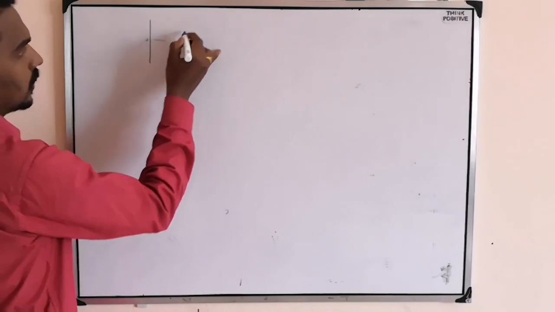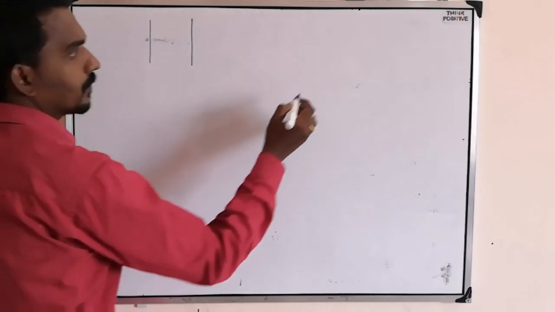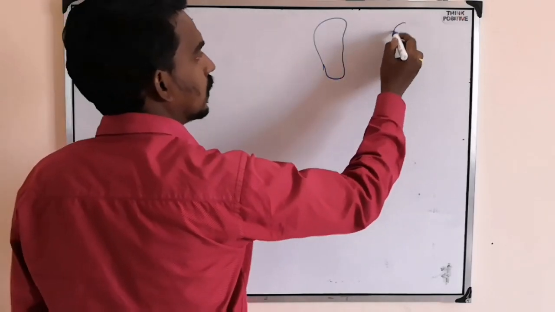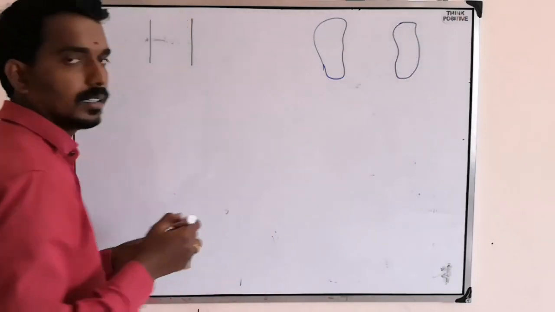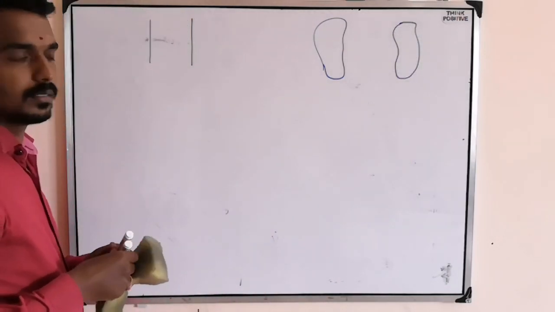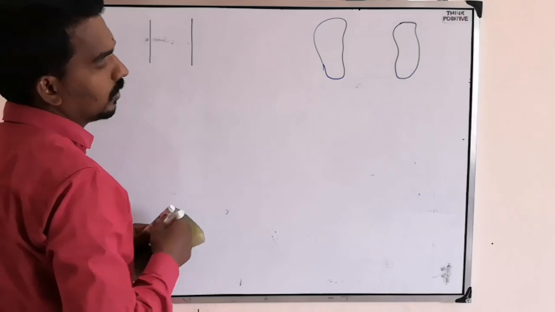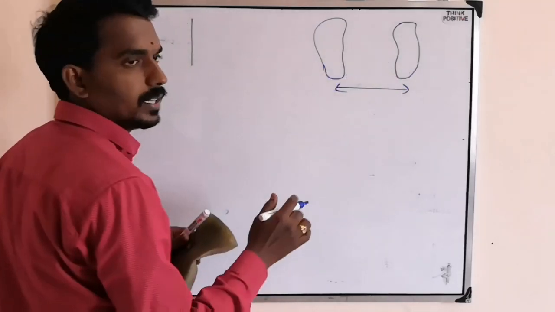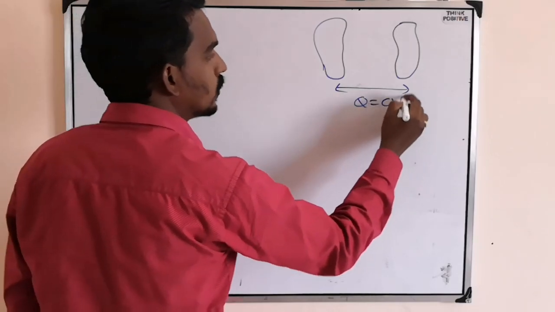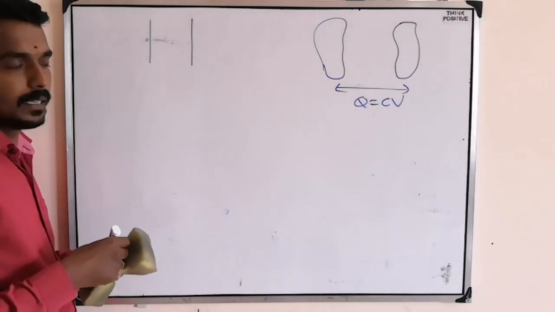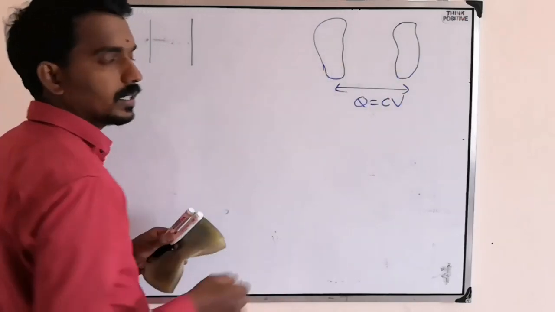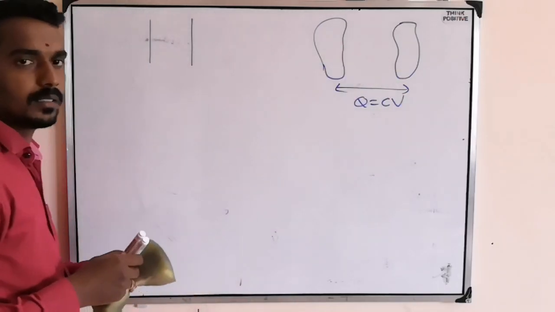When you consider a capacitor, with a separation, two conductors placed, then Q equal to CV, where Q is the charge, C is the capacitance, V is the potential difference.